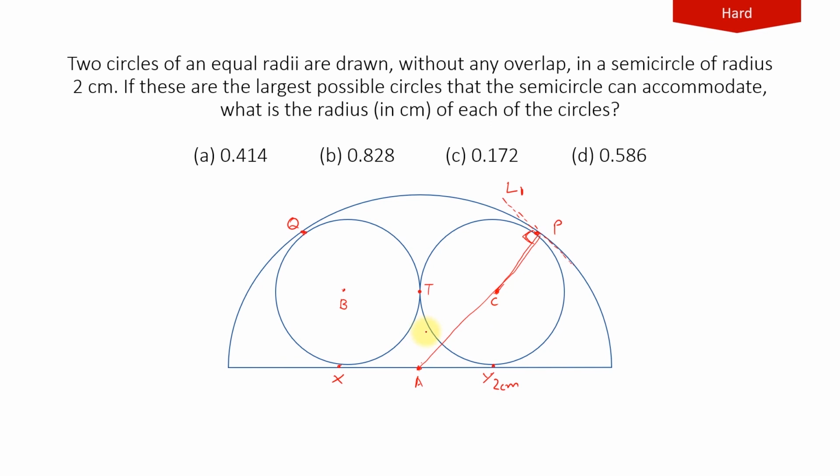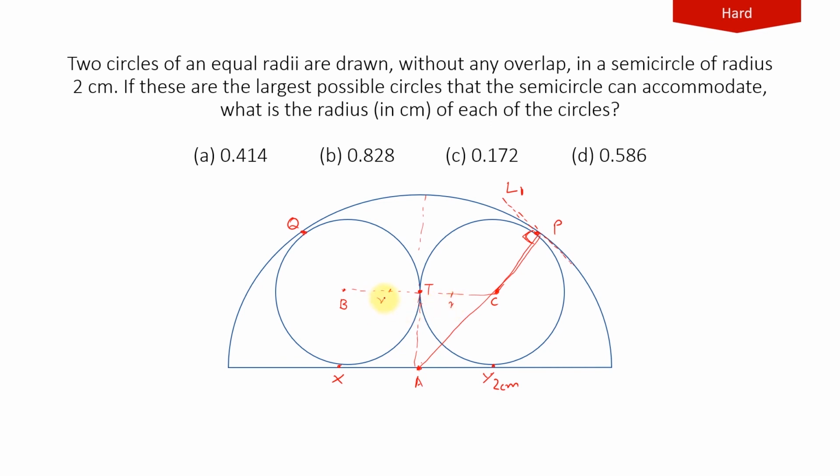Now since both the circles are equal, we know that this point T is going to be on top of point A. That is, this figure is symmetric along the line AT. So BT is equal to CT because both these circles are equal.